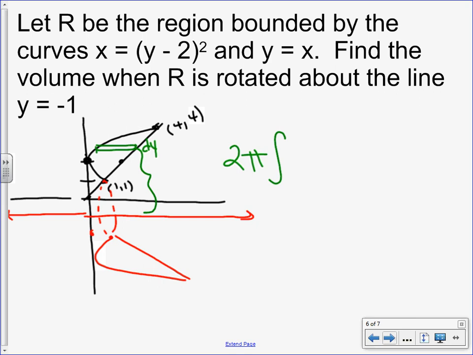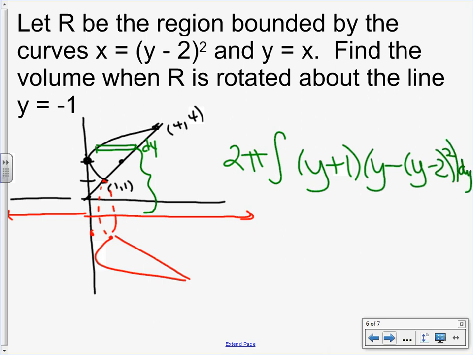Y minus negative 1, we're going to write as y plus 1. The height of these rectangles is x right minus x left, so y minus 1 minus the other, y minus 2 squared, times our thickness dy. Our limits of integration.